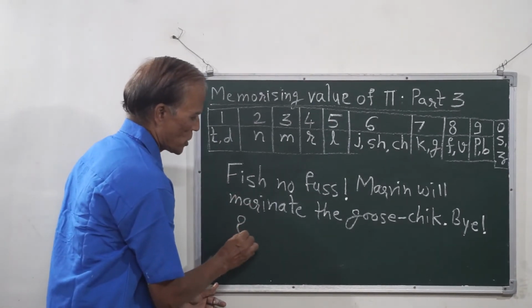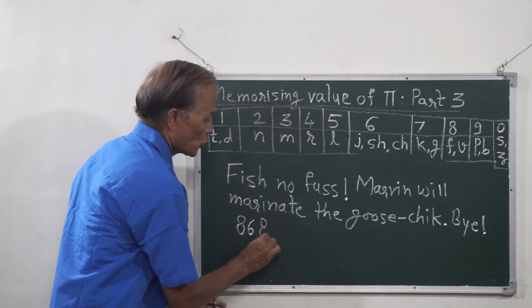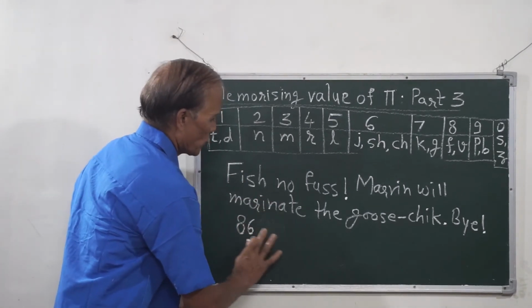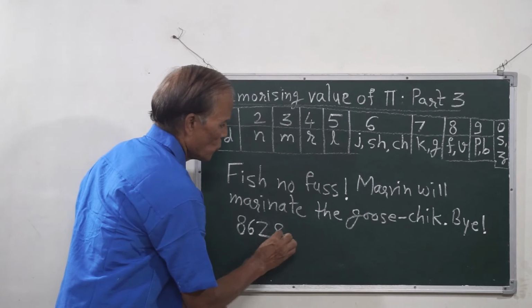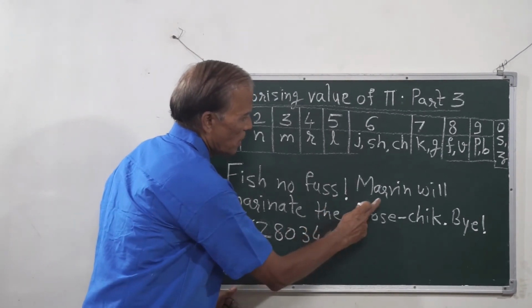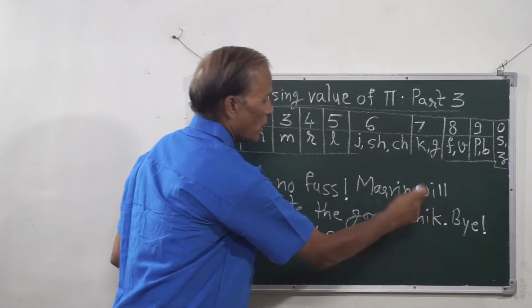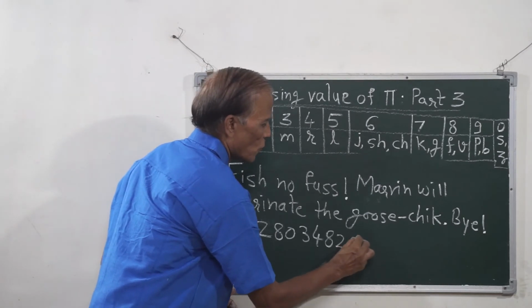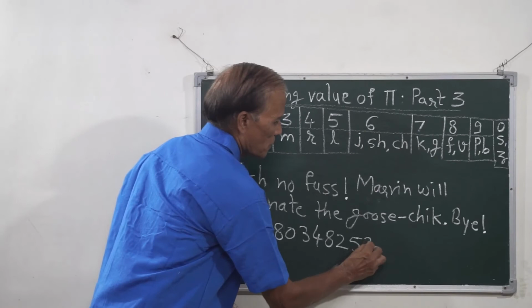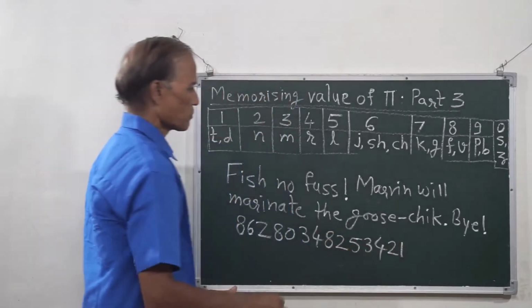Fish gives us 8, 6. Fuse 8, 0. Sorry, this no is there. Fish no fuse. Then Marvin, 8, 2. Will, only one sound, that is 5, L sound. Marinate, M-R means 3, 4, net gives us 2, 1.